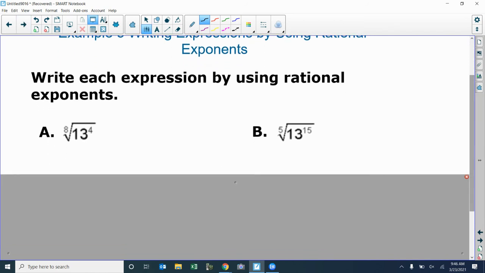Going the other way now, I'm giving them to you as radicals. See if you can write them in rational exponents and simplify. Now the cool part there is that we can simplify those fractions pretty easily.